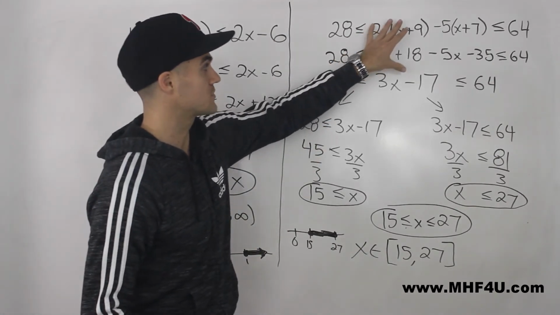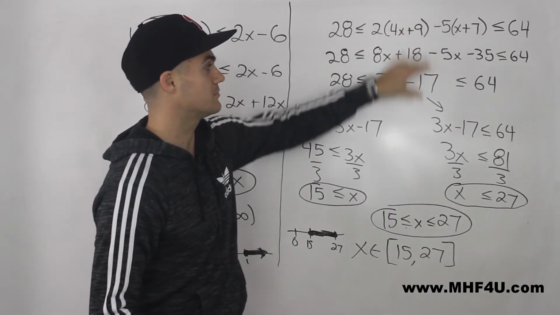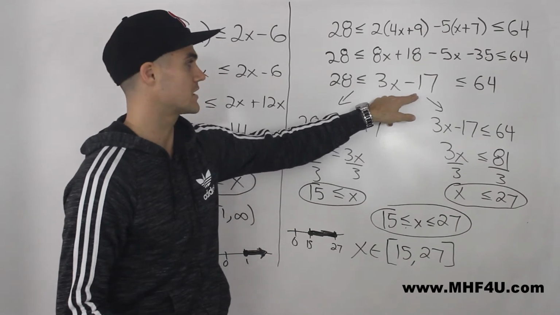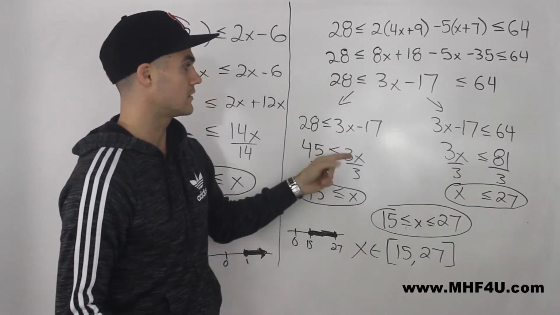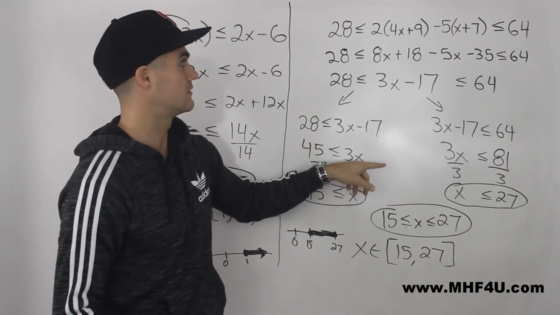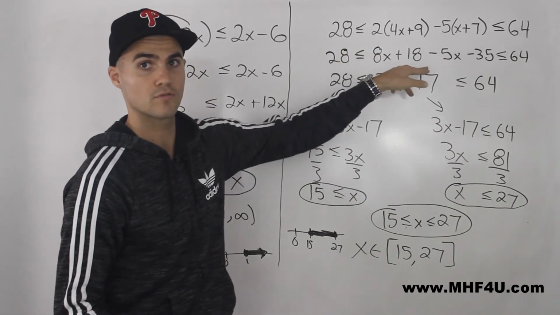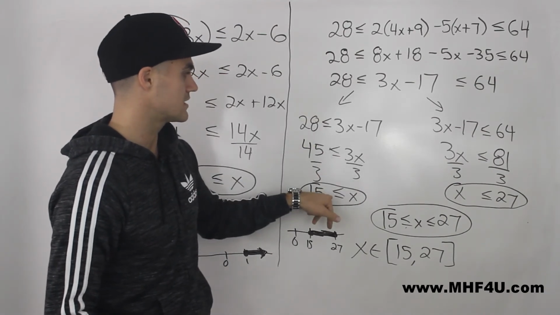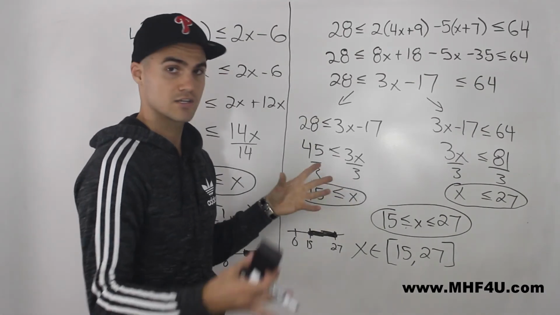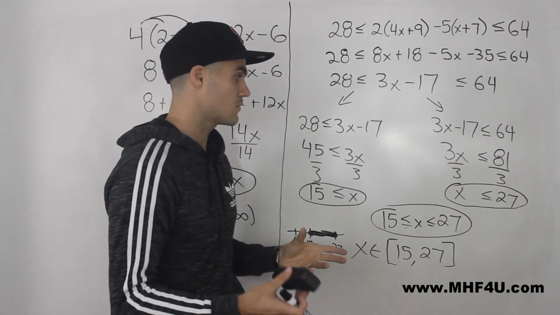Here, what I did first was simplify the middle term to 3x minus 17. So when we split it up into the two inequalities, we don't have to simplify it again, versus if we split it up with both of them at the top. So solve the inequalities, get to this point, and make sure that they make sense and you can combine them. Sometimes they won't make sense.